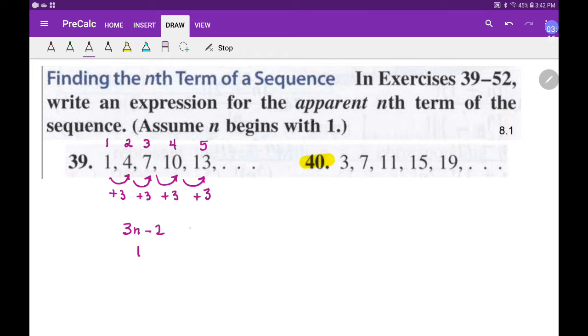Okay. How about for the second one? 3 times 2 is 6, take away 2 is 4. 3 times 3, that's the third one, 9, take away 2 is 7. 3 times 4, take away 2 is 10. Yes, so I think that's what we'd say. We'd say 3n, take away 2 is our pattern.